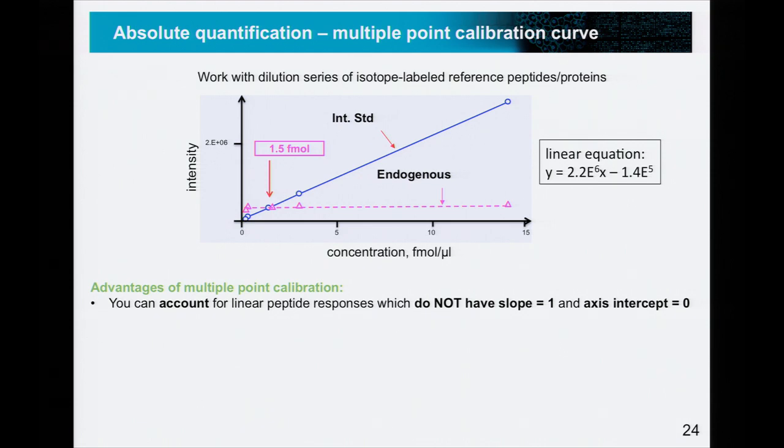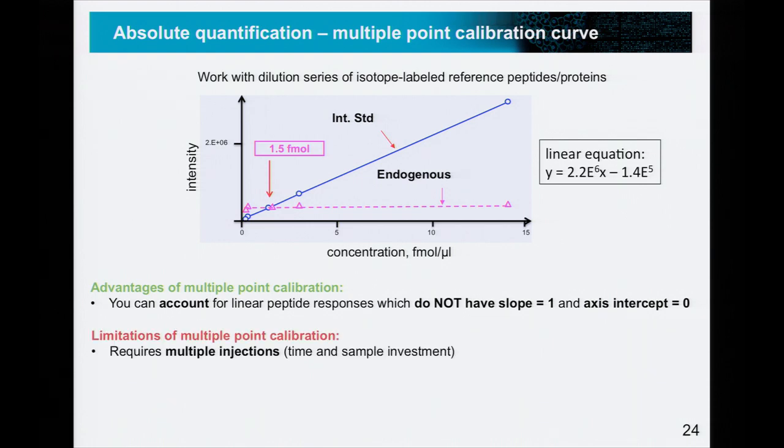The big advantage is that by experimentally determining this linear calibration curve, you can account for linear responses that do not have a slope of 1 and that do not go through the axis intercept. However, this always requires multiple injections per sample, so it's not just a single shot and you have a result. You would need to do this calibration curve, and you don't want to do this for every sample that you're interested in.